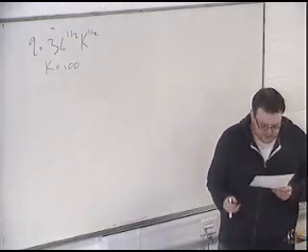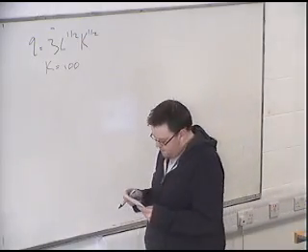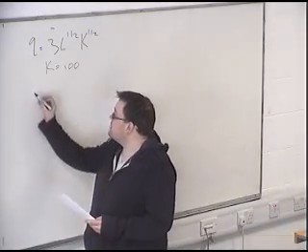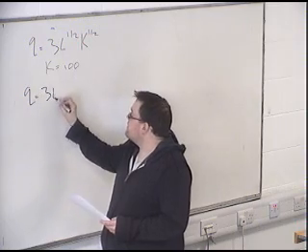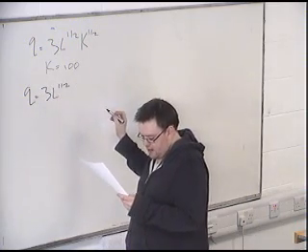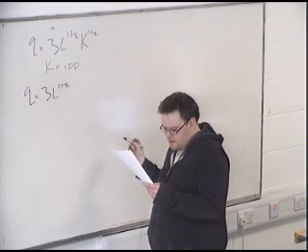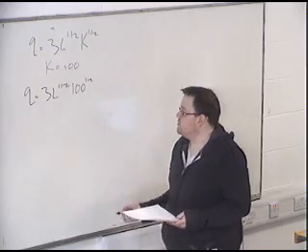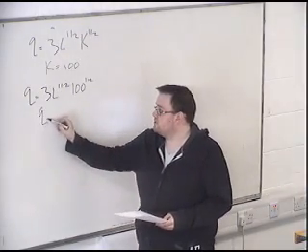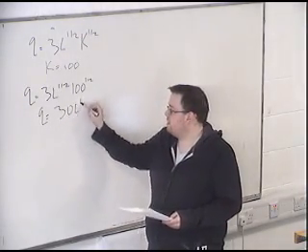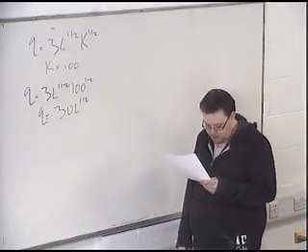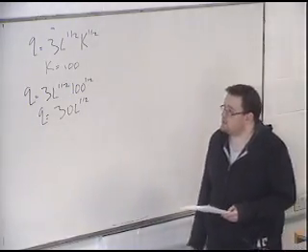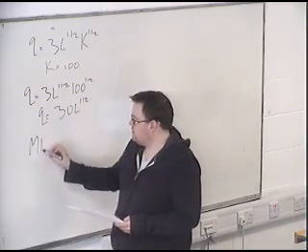So, first thing to do is stick in K is 100, so that means that Q is equal to 3L to the half times 100 to the half. So the square root of 100 is 10, so that means that Q is equal to 30L to the power of a half.